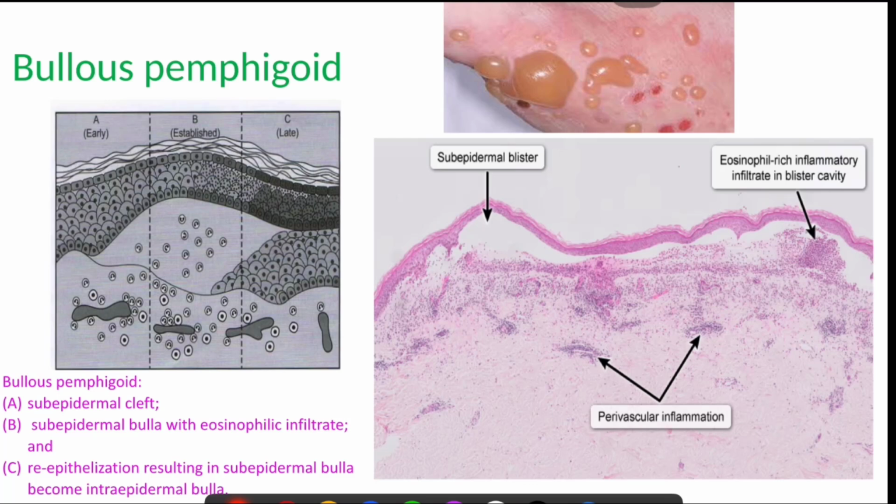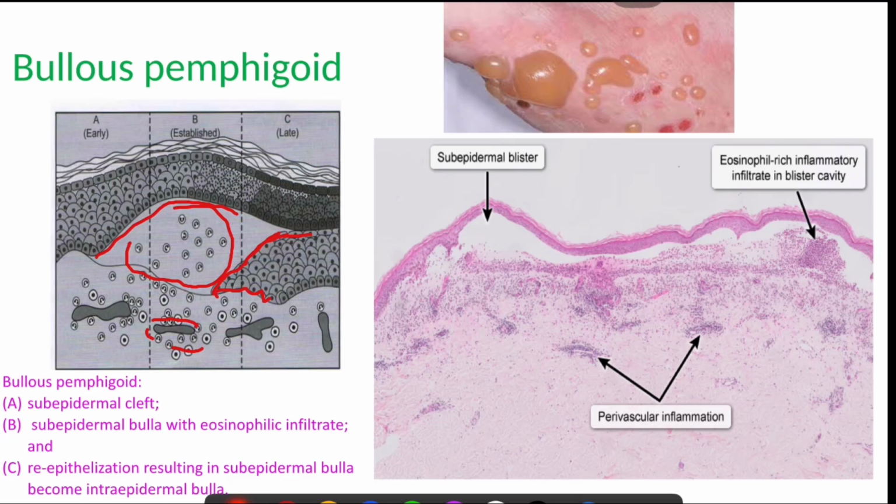So here this is subepidermal bulla, where you can identify these are the inflammatory cells and perivascular mix, mainly polymorphs and lymphocytes, and in the late stage here you can identify re-epithelialization, meaning some of the epithelial cells are again present, and this is called re-epithelialization.